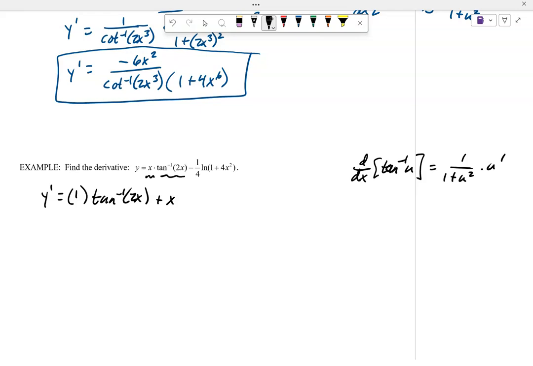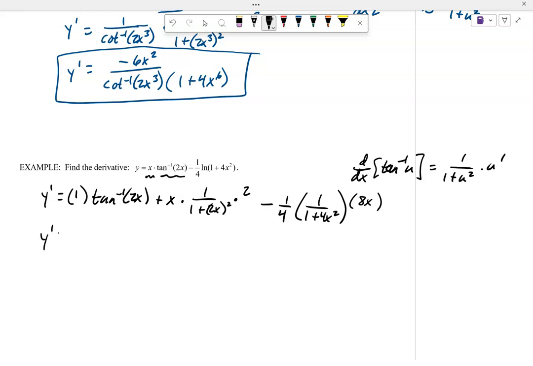So the derivative of the arc tangent of 2x is 1 over 1 plus 2x squared times the derivative of 2x, which is just 2. And then we've got minus the constant. The derivative of the natural log is 1 over that, but then we've got to take the derivative of that 1 plus 4x squared, which is 0 plus 8x.